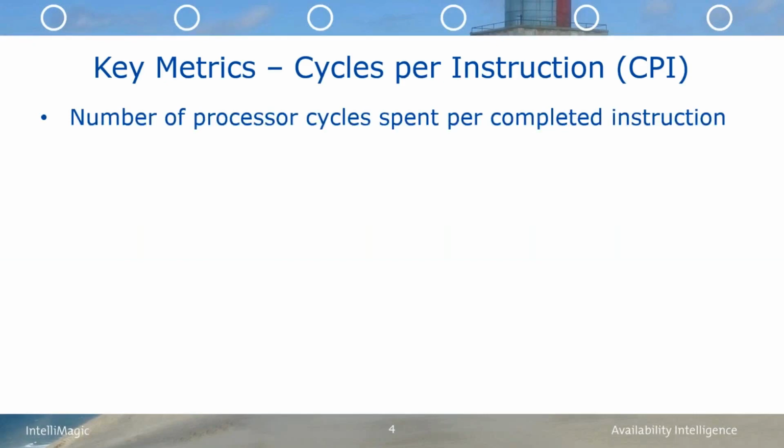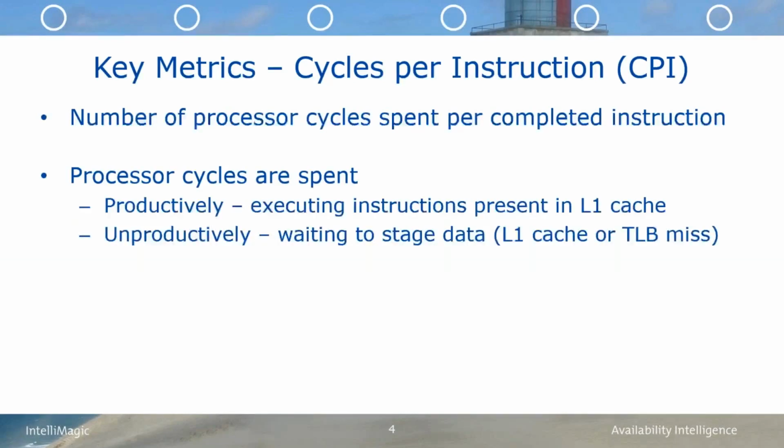This represents the average number of processor cycles spent per completed instruction. And conceptually, processor cycles are spent either productively, executing instructions and referencing data that's present in level 1 cache, or unproductively, waiting to stage data as a result of level 1 cache or translation look-aside buffer misses.